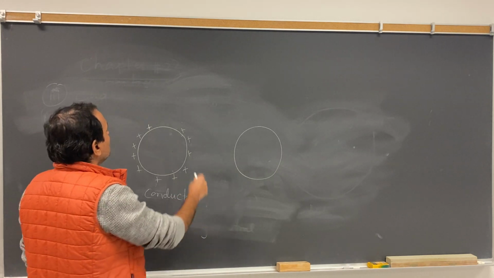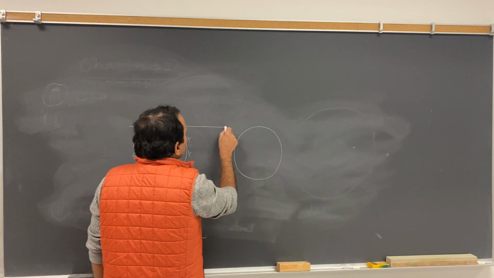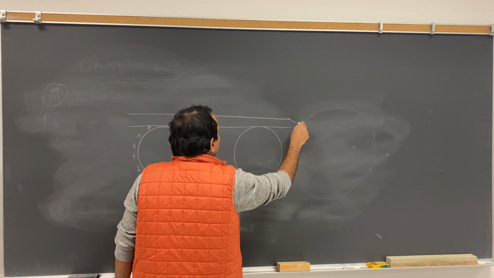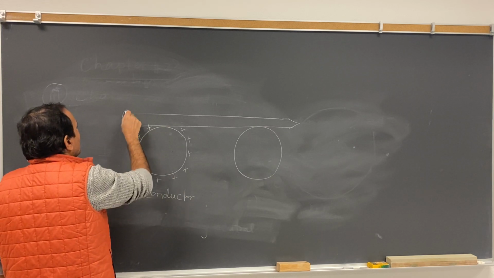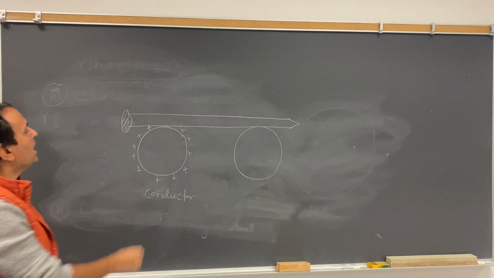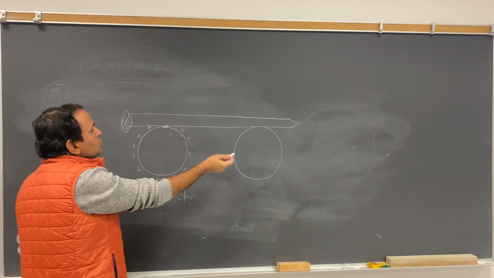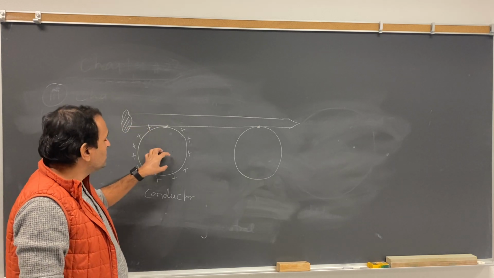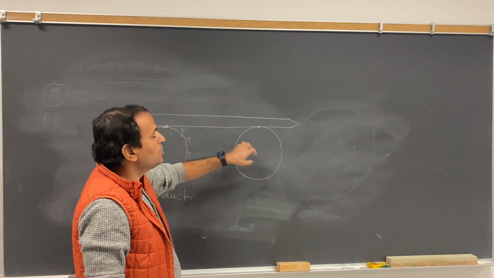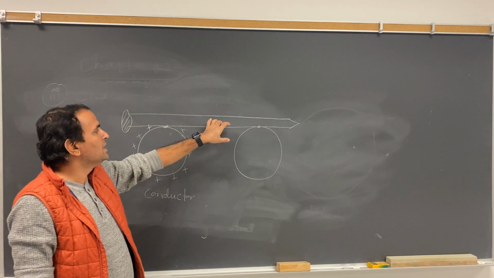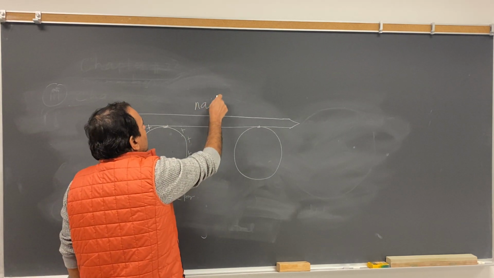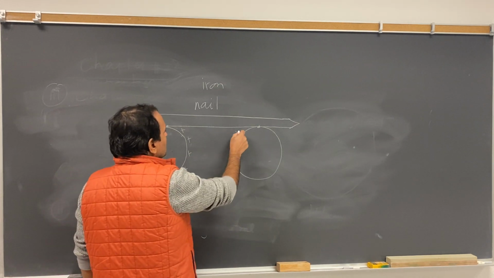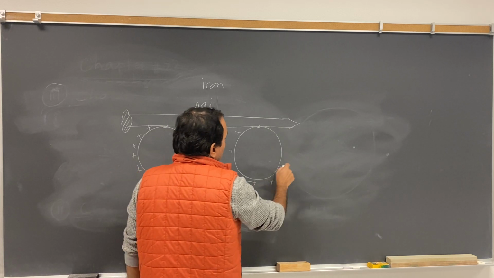What I would like to do is join these two spheres using a nail. This is an iron nail. You know iron is a conductor. So I join these two copper spheres, which are conductors. One is positively charged in the beginning, and this one is neutral. But when you join them using the iron nail, a certain amount of charge transfers, like this.